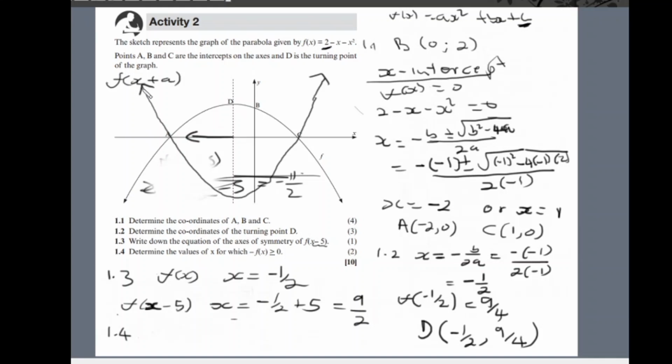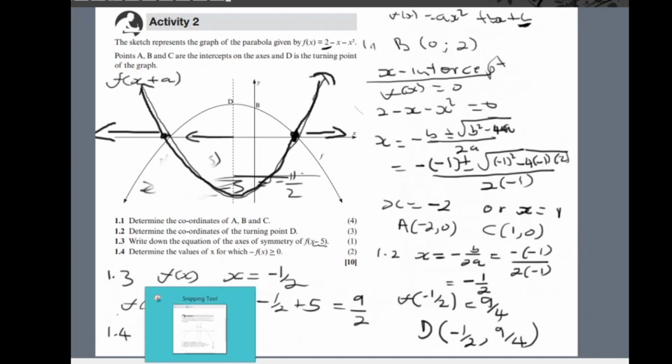It will look like this after reflection, right? And then the values of x for which this function is greater than 0 are from this point here going to the right and this point here going to the left.